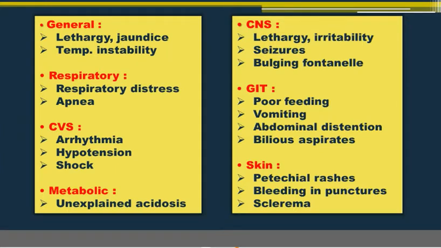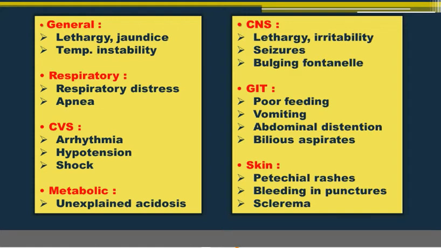In general, sepsis involves most of the systems. It causes lethargy, jaundice, and temperature instability, either hypothermia or hyperthermia, and involves the respiratory system in the form of respiratory distress and even apnea.